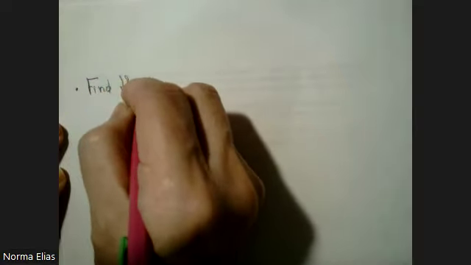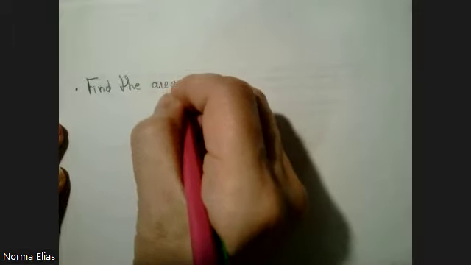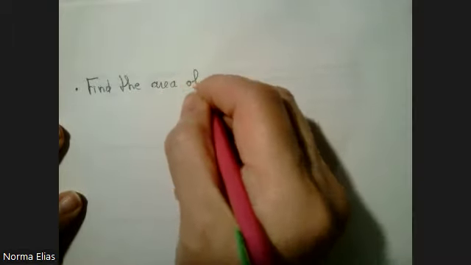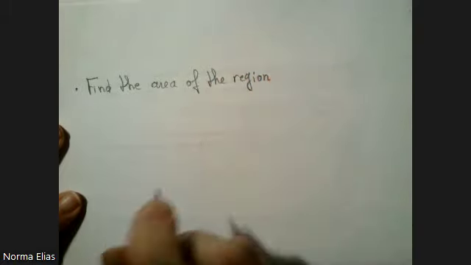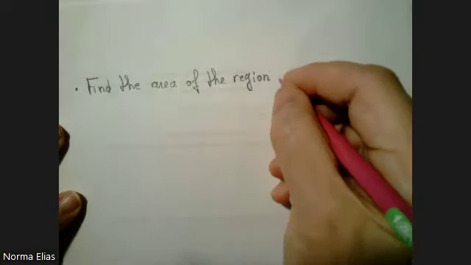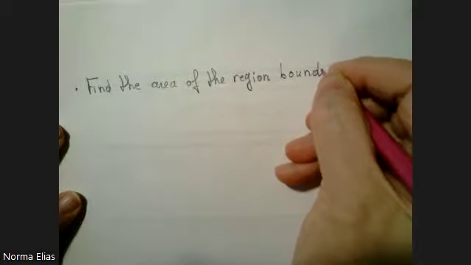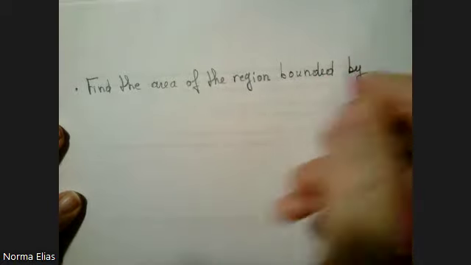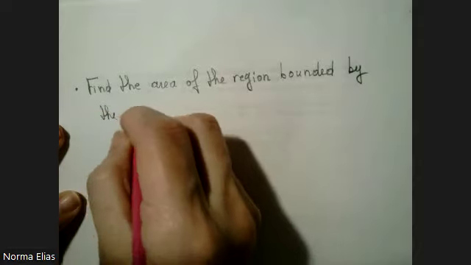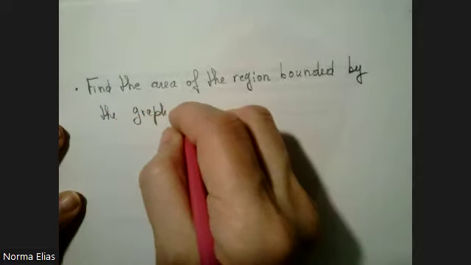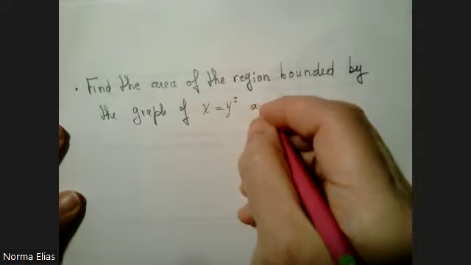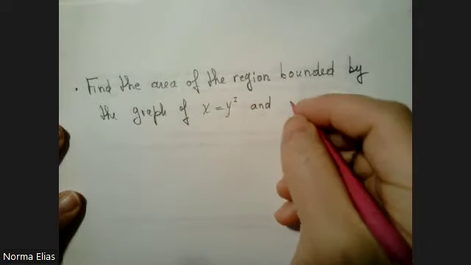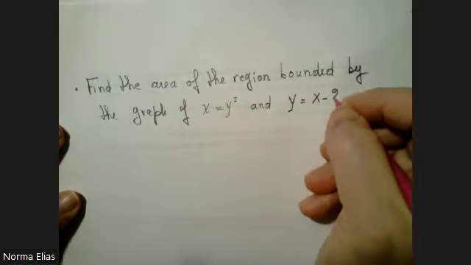Find the area of the region bounded by the graph of x equal y squared and y equal x minus 2.